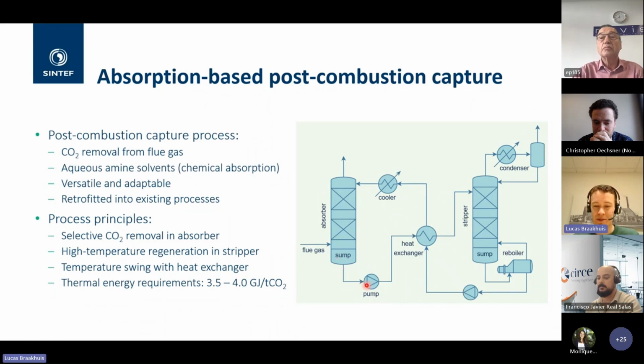And the solvent is then pumped through the heat exchanger and is heated in the stripper. And at these higher temperatures, the CO2 desorbs and is collected at the top, where the regenerated solvent is collected in the stripper and is recycled to the absorber.